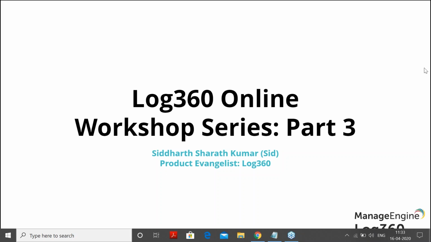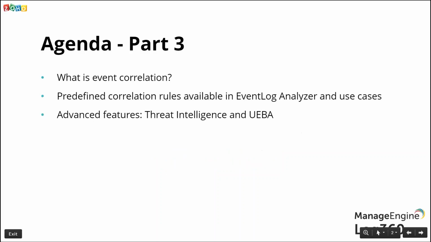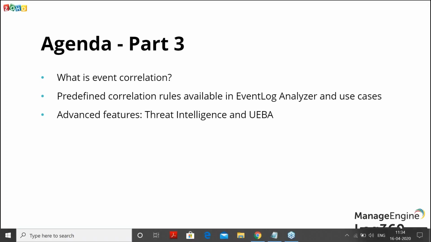So in today's workshop, the final part, we're going to be looking at a few advanced capabilities of Log360, starting with the idea of event correlation. We'll go over some of the predefined rules that are available in the solution, as well as touch upon some of the custom rules that you can create and how you would go about doing that.